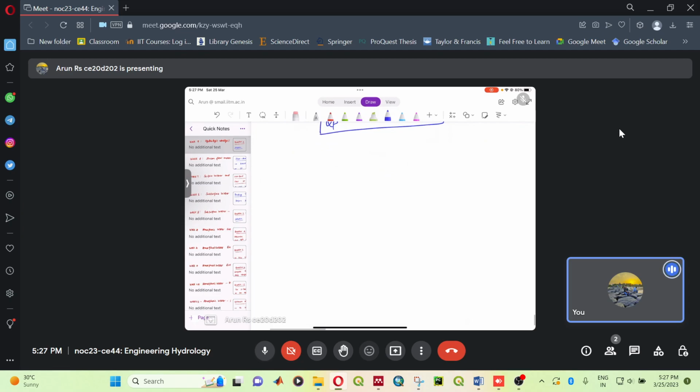The last parameter is the width of Snyder SUH at 50% and 75% of QP.